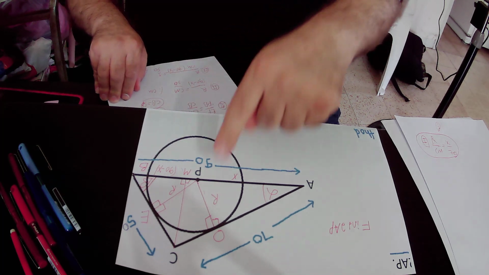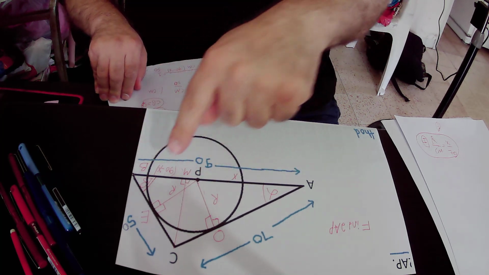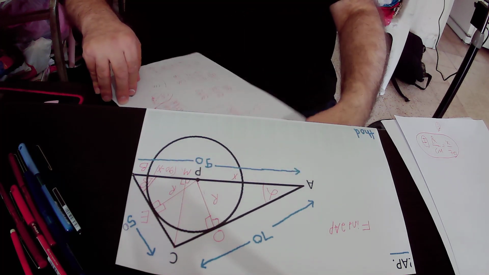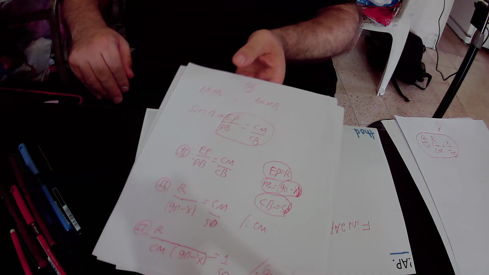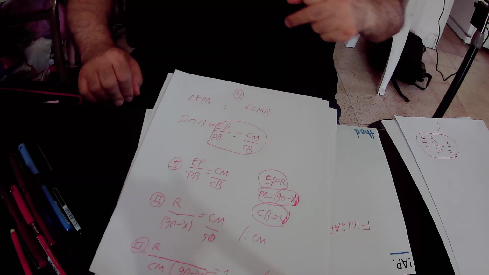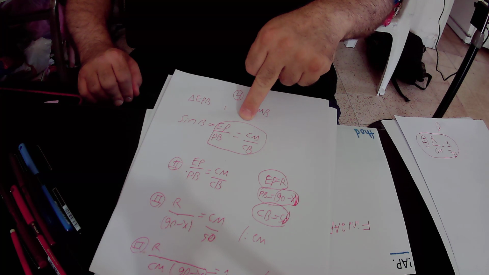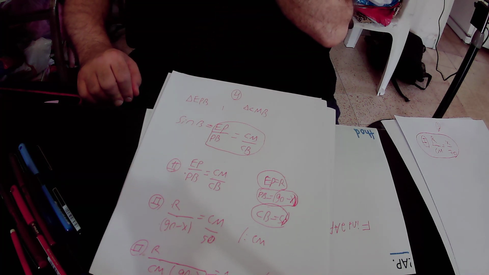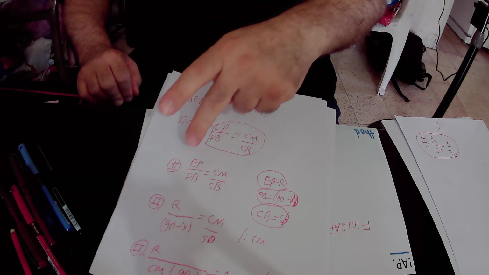And in the right triangle CMB, sine beta equals CM over CB. So in total we got that sine beta equals EP over PB, that equals CM over CB. I copied this equality here and I called it equation number 2.